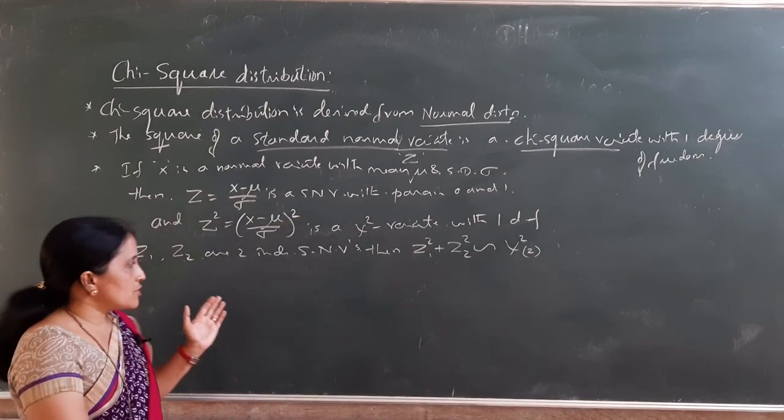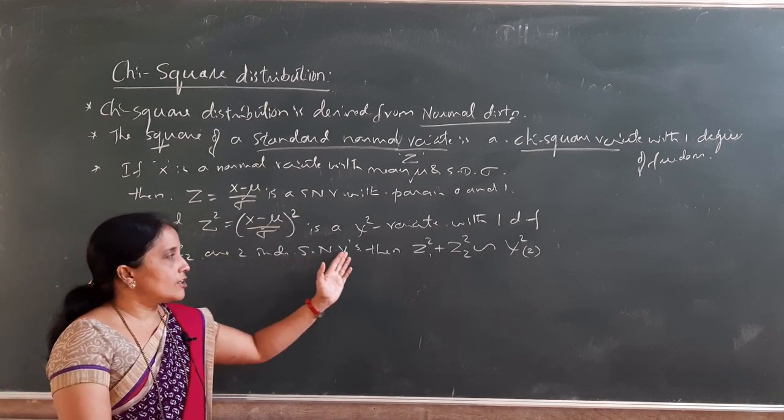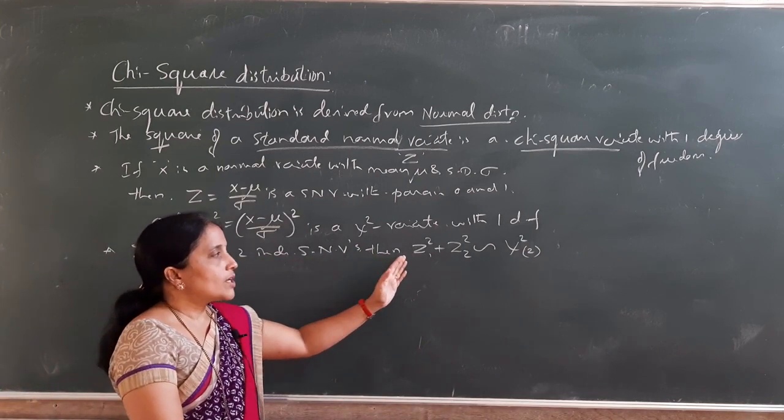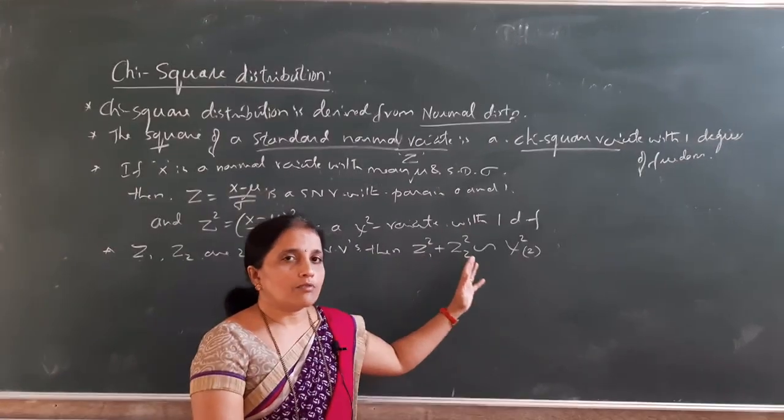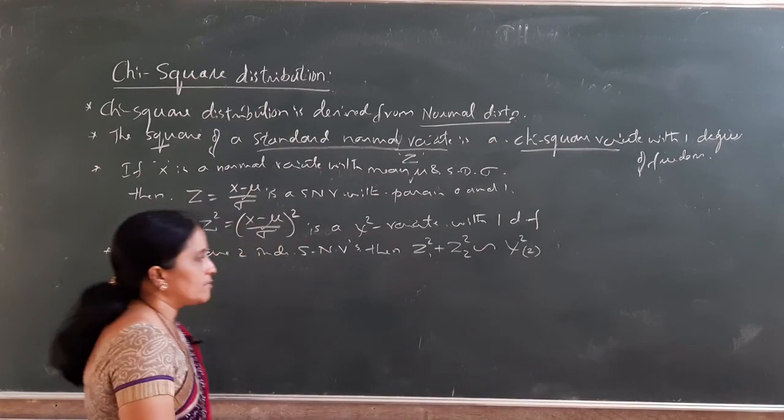Once again, a 1 mark question: if Z1 and Z2 are two independent standard normal variates, then what is the distribution of Z1 square plus Z2 square? That is a chi-square with 2 degrees of freedom.